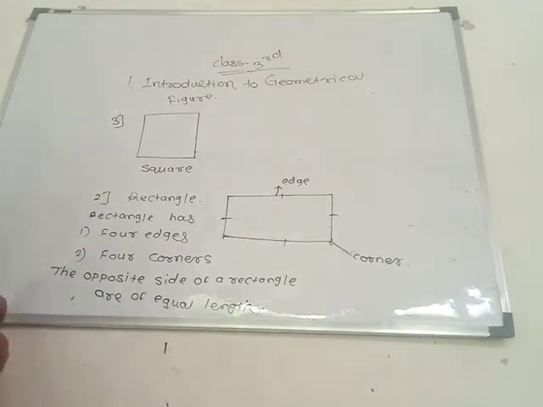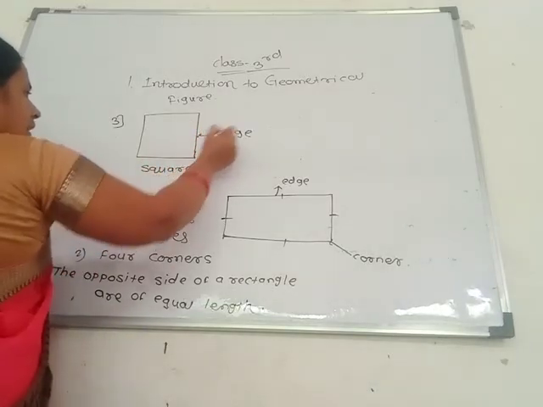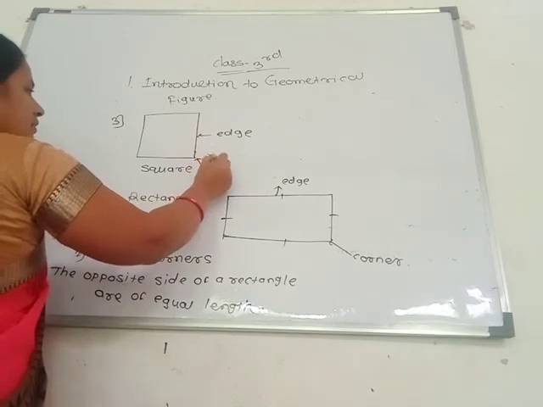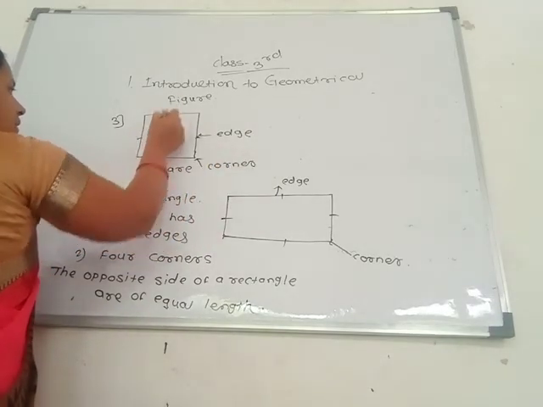A square has also 4 edges and 4 corners. You see this edge and this one corner. How many edges? 1, 2, 3, 4.